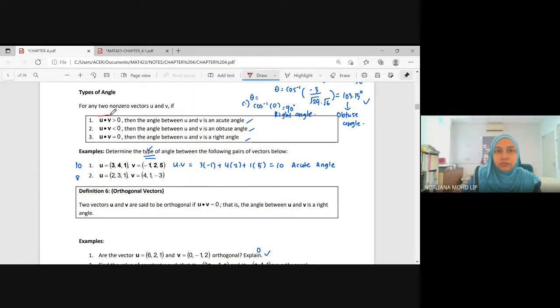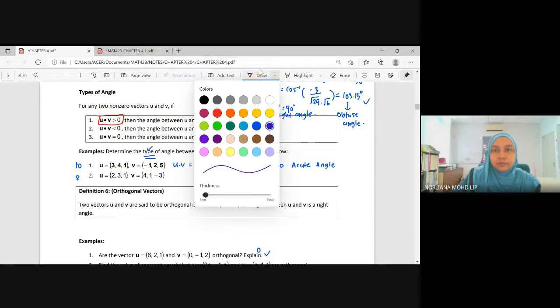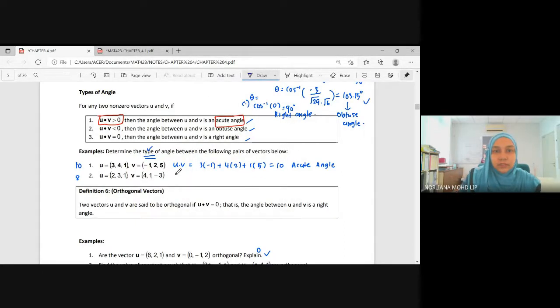Ni ingat dah ni. U dot V greater than 0, so it is acute angle. Okay, ni number 2, U dot V is equal to 2 times 4 plus 3 times 1 plus 1 times negative 3. Greater than 0.